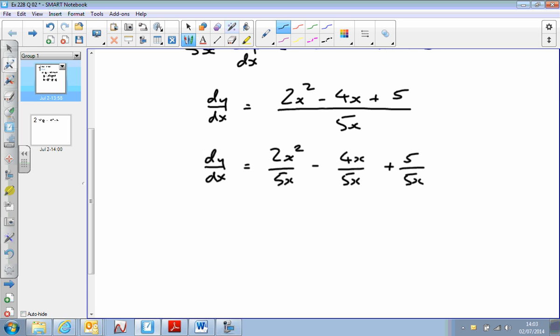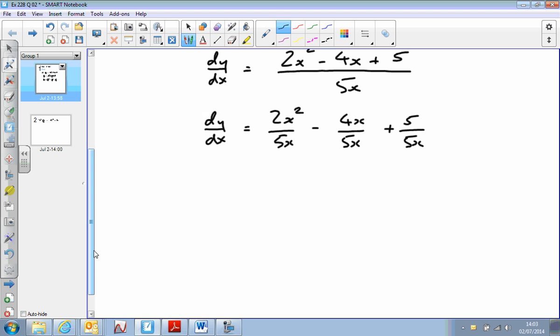And now I'm going to simplify it. Using the laws of indices, by dividing x squared by x, cancel out effectively one of the x's. So I'm left with just x there, cancelling out the x's here, and I'm left with 1 over x at the end. So I'm left with 2x minus 4 over 5 plus 1 over x to integrate.